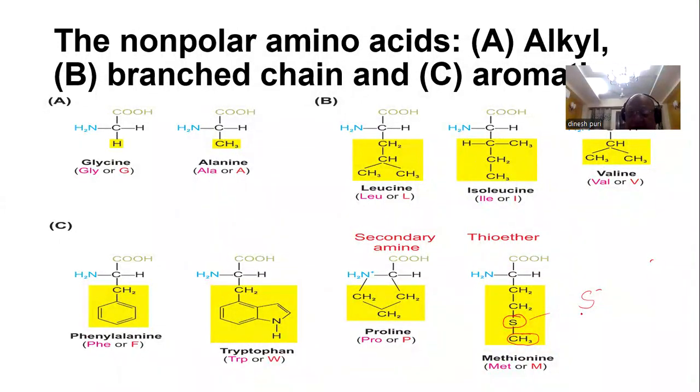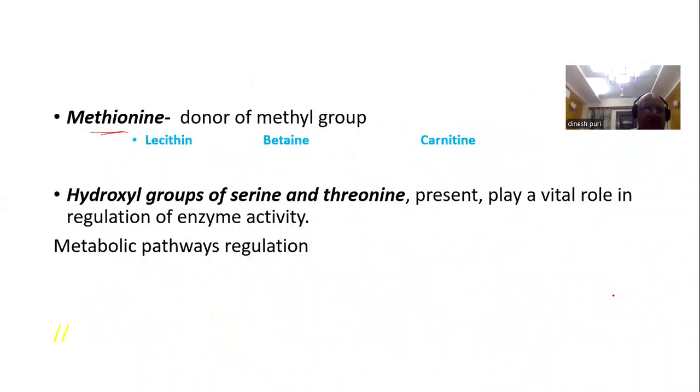Methionine in its activated state, you will learn later on, is called S-adenosyl methionine. This is capable of donating the methyl group for synthesis of a number of important compounds.